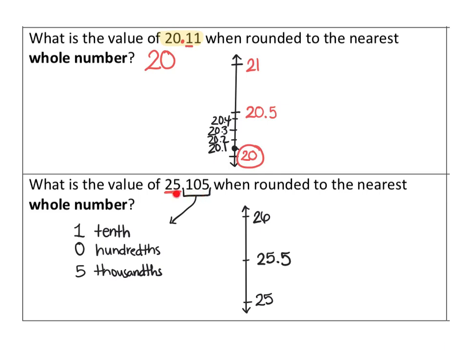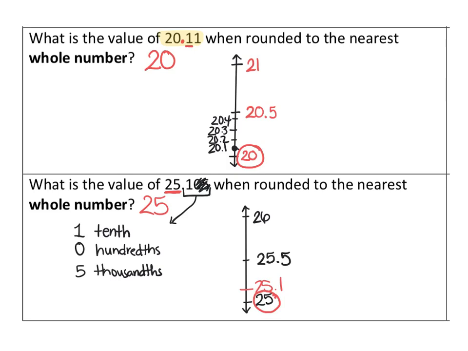So would 25 and 1/10, if we just looked at this part with the 1, be greater than 25 and 5/10ths or less than 25 and 5/10ths? Well, because we've been studying decimals, we know that 25 and 1/10 would be less, would be below 25 and 5/10ths. So we would round to 25.